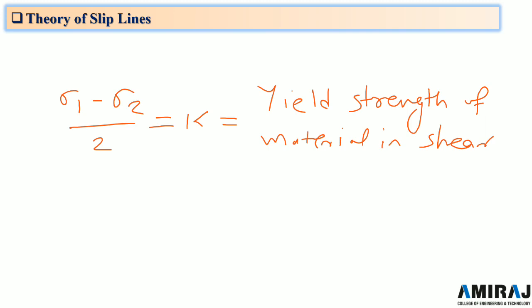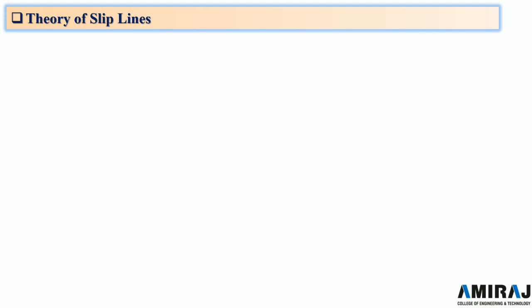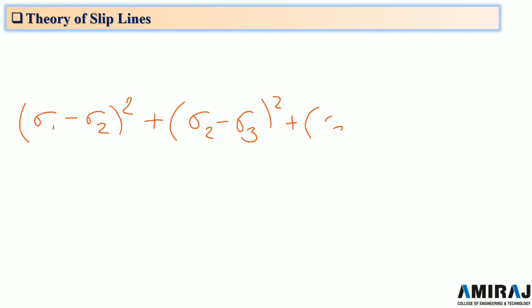Also, if we substitute in the von Mises yield condition in terms of principal stresses, we can write (sigma 1 minus sigma 2) whole square plus (sigma 2 minus sigma 3) square plus (sigma 3 minus sigma 1) square equal to 2 times sigma 0 square, which is equal to 6 k square.